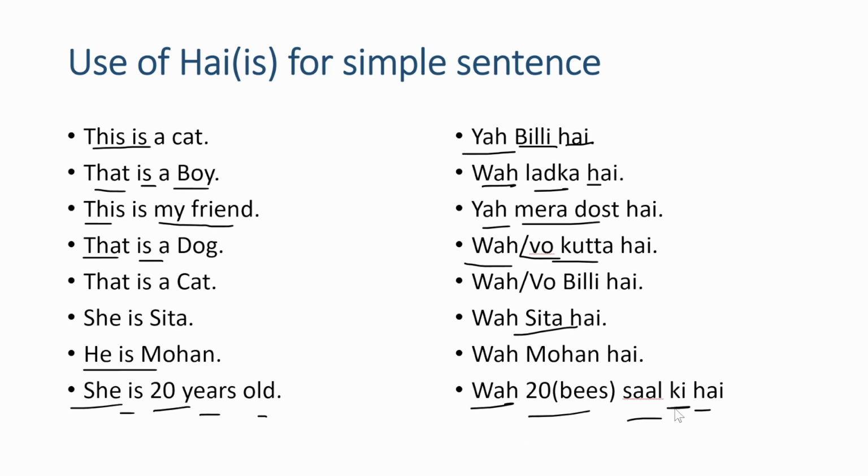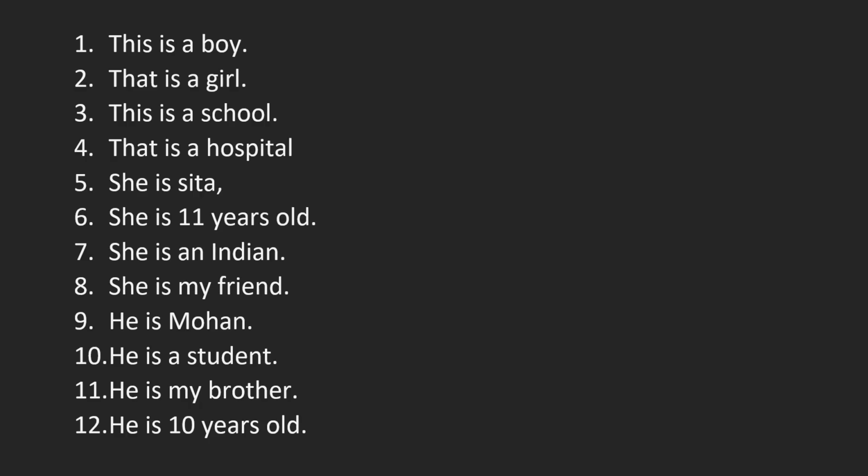Now I hope you got this. Now let's see an exercise. I would suggest you pause the video and try all these sentences by yourself. I hope you have tried. Now let's see the answers of all these 12 sentences. The first sentence is, this is a boy.